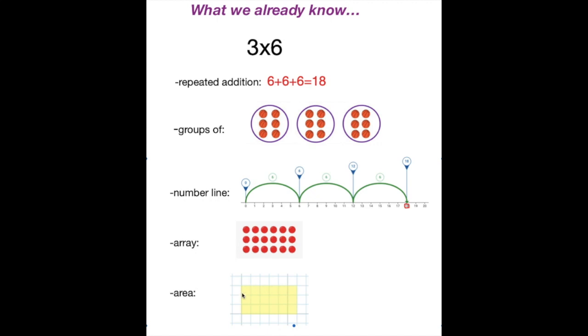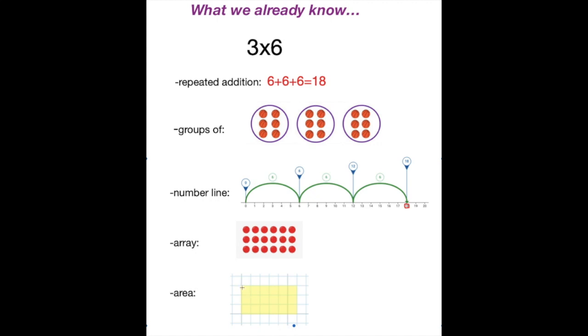Now, taking a look at area, this is where we've just finished up our last unit. We can look at multiplication as an area situation here, where we have, like an array, 6 squares in a row, and we happen to have 3 rows.